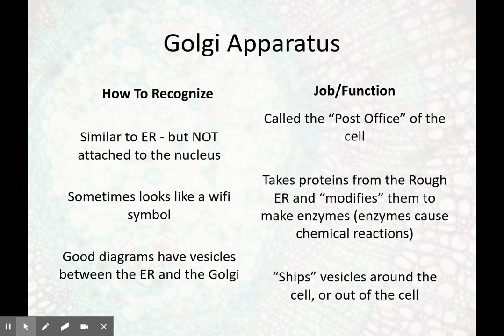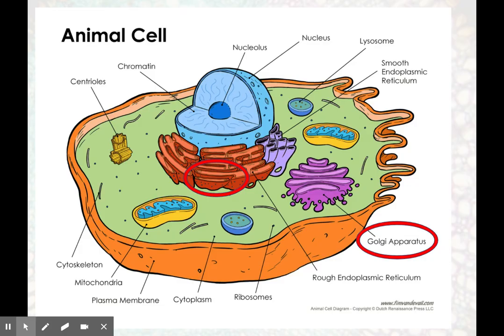So it's going to take proteins from the rough ER, and it's going to modify them. It's going to change them to make enzymes. So enzymes, as we said earlier, cause chemical reactions. The Golgi apparatus then ships these vesicles around the cell or out of the cell.